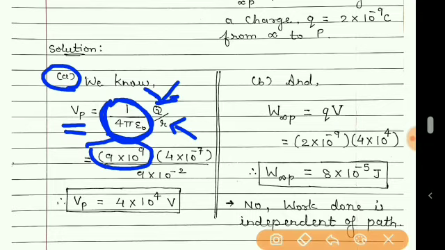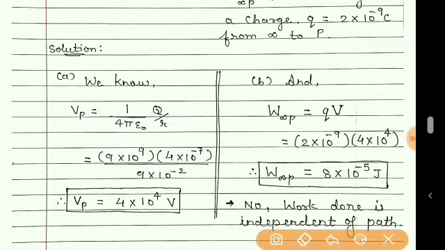Value of this charge q, capital Q, is also given, 4 into 10 raised to minus 7, and distance r is given 9 centimeter, means it is 9 into 10 raised to minus 2 meter.